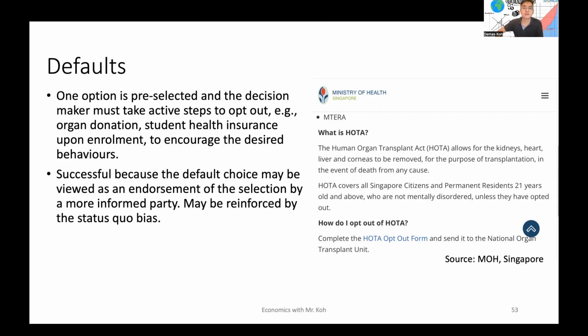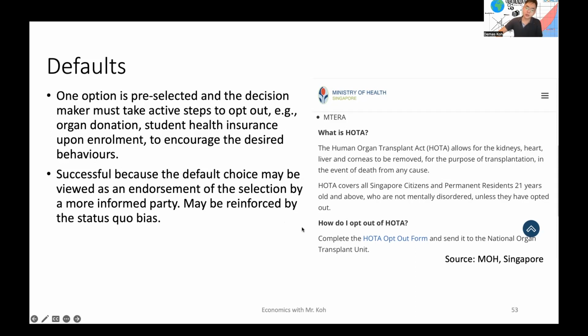So they must actively choose the opt-out option, right? It is successful because the default choice may be viewed by consumers as the endorsement of sorts of the selection by a more informed party, so trusting the government. It may be reinforced by the status quo bias.